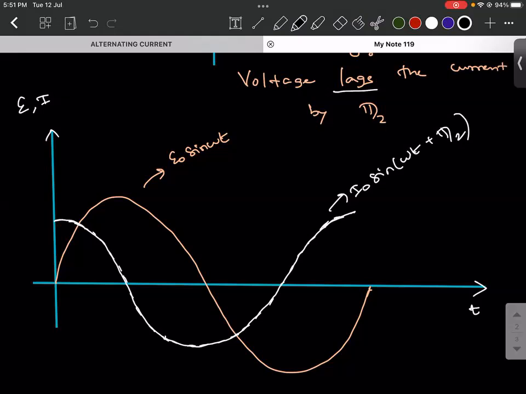Am I clear with this? Now you see, initially EMF is least, but current is maximum. So at pi by 2, EMF is maximum, current is least. So this will be 0, pi by 2, pi, 3 pi by 2, 2 pi, and it keeps on going. Am I clear with this?